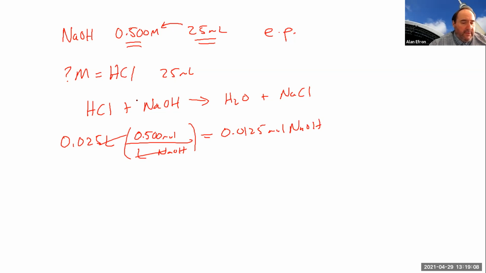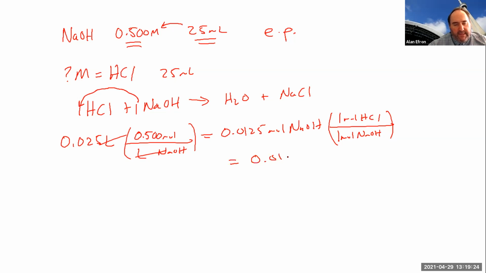We would then do a stoichiometry between these two, which is a 1-to-1 relationship in this case. 1 mole of sodium hydroxide gives us 1 mole of HCl, which means the moles of HCl would be 0.0125 moles. I now have the moles and the volume of HCl that I used in the titration.